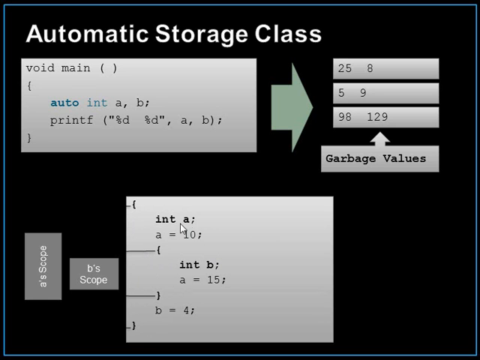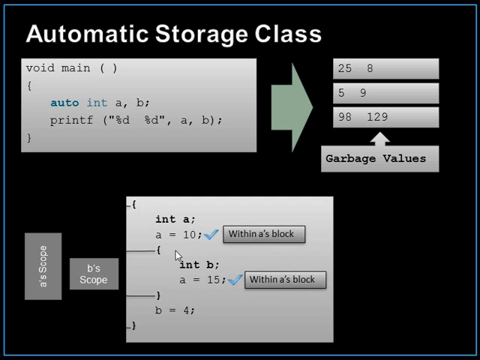Now this operation a equals 10 is successful because this statement is within a's scope, right? And it is within a's block. If you consider this statement, a equals 15, this is also successful because this statement is also within a's block. Why? Because this is inside a's block.